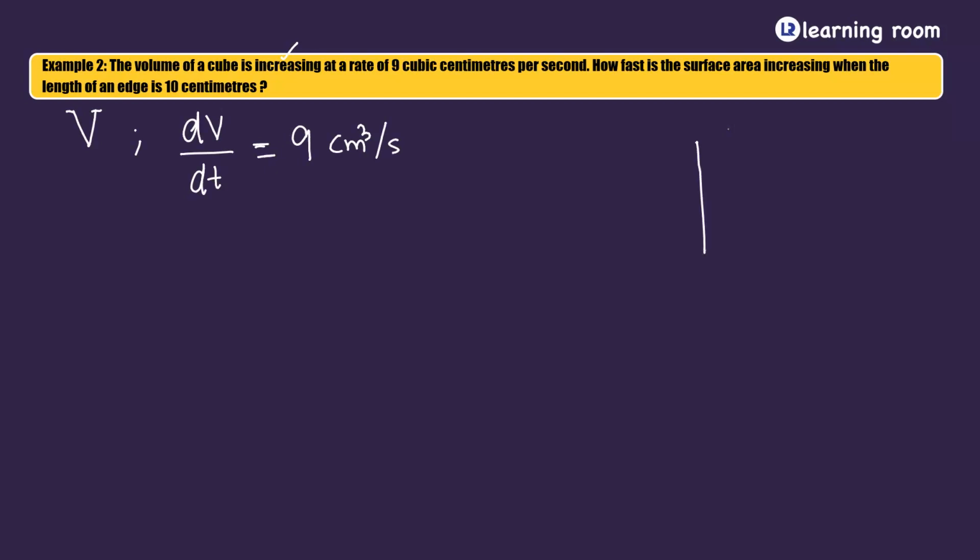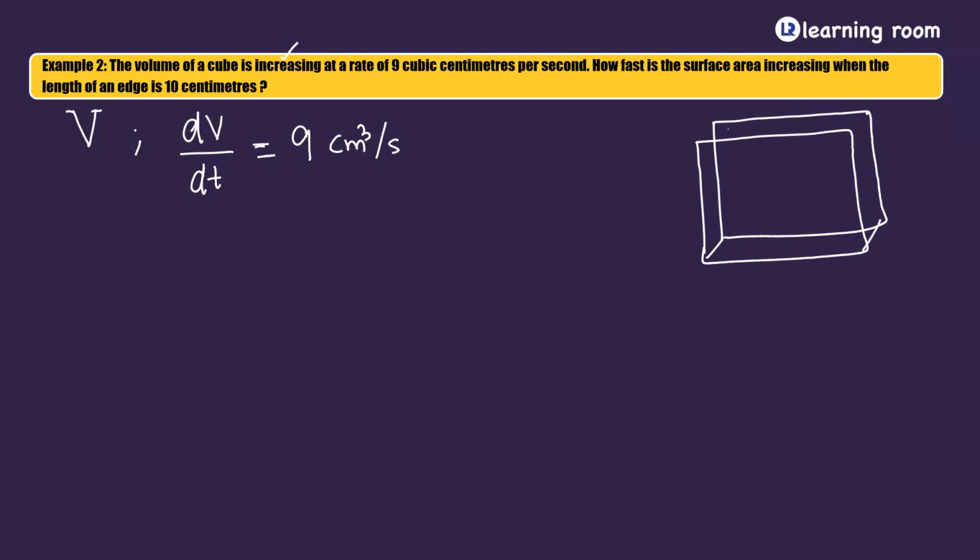Okay, so if I take a cube like this, whose side is a. So what is happening here? How fast is the surface area increasing when the length of an edge is 10 centimeters? You need to first analyze the question. What is the volume of a cube? V is equal to a cube.